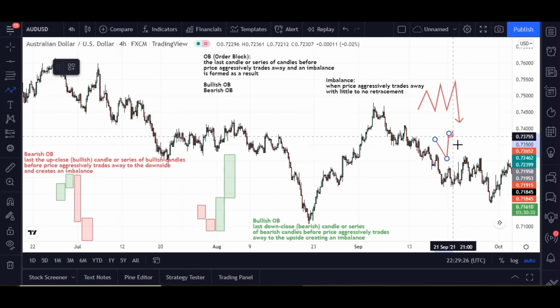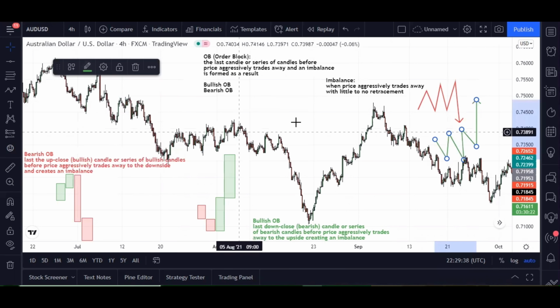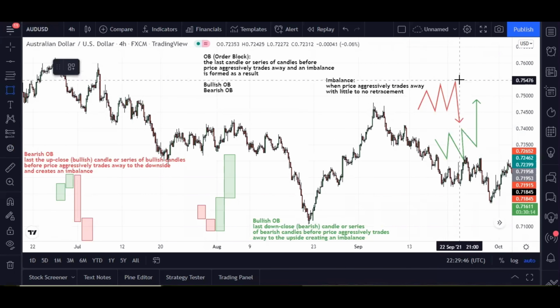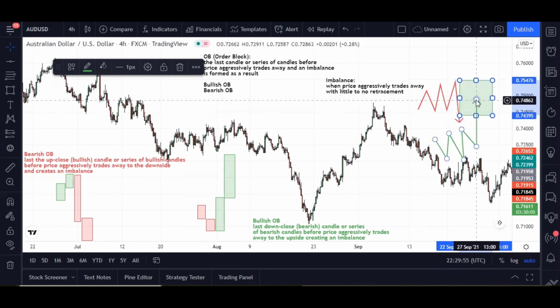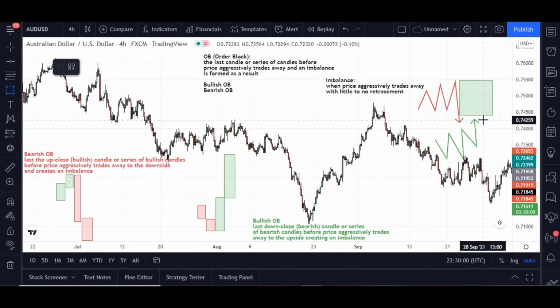Here, imbalance created, rebalance, and again rebalance, and that's in a bearish scenario. So these areas where we see no retracement is where imbalances lie.